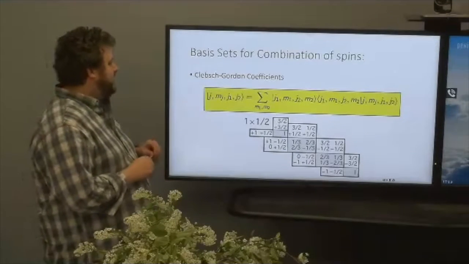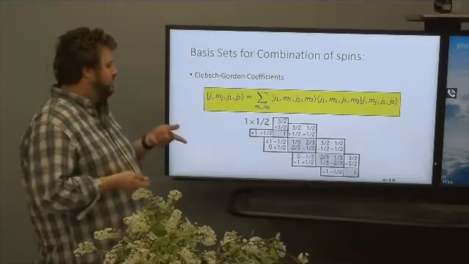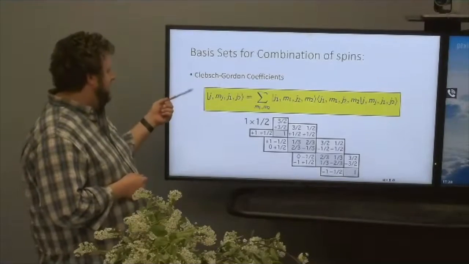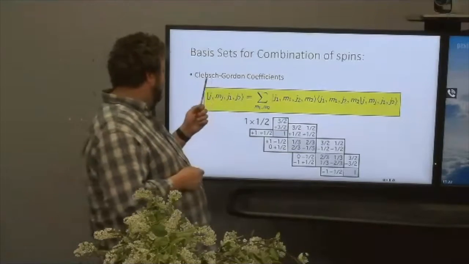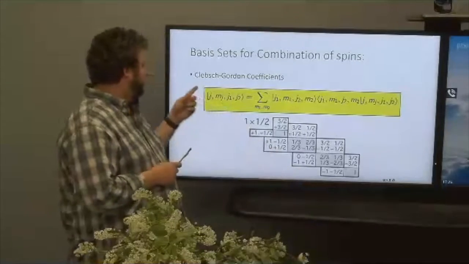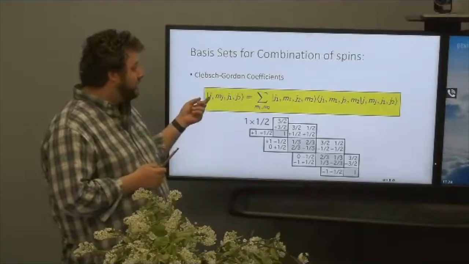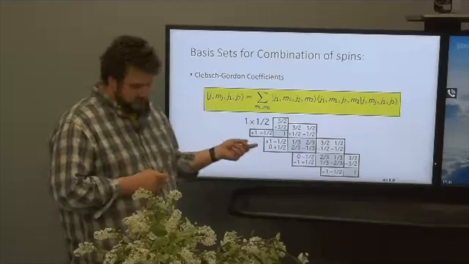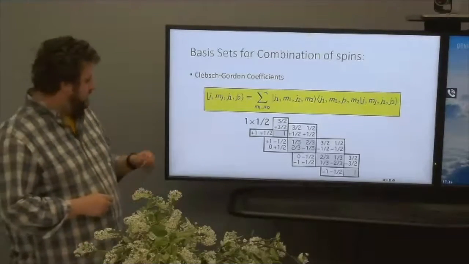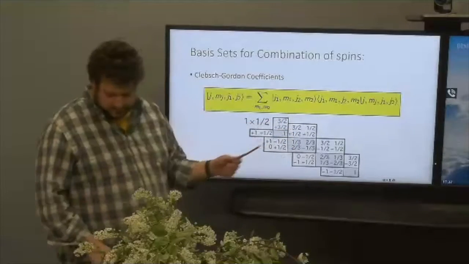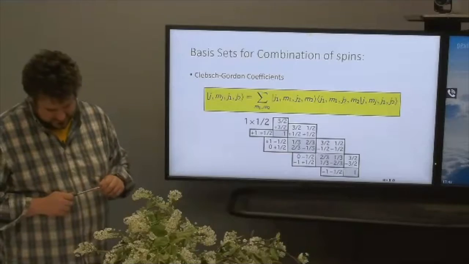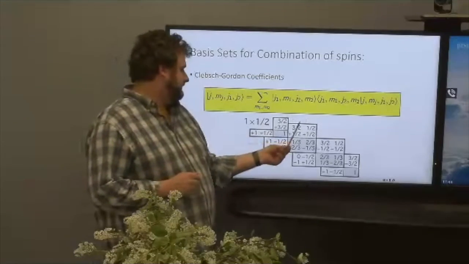But in this case, in order to modify what we previously learned, we're going to be using a different basis. We went over that in class in quite some detail, but in simple terms you can get it from the chart of what they call Clebsch-Gordan coefficients. In this chart, the rows are the magnetic numbers, M1 and M2, and the columns are the combined spins.